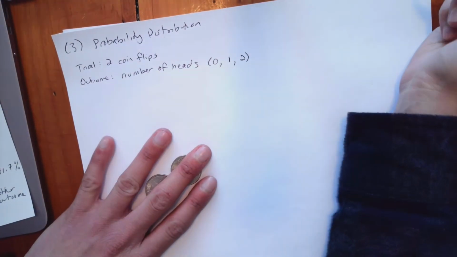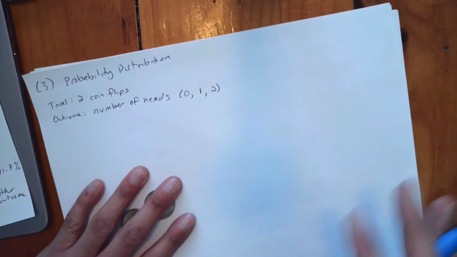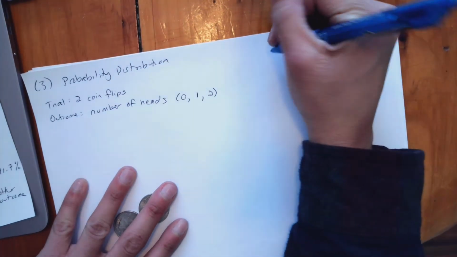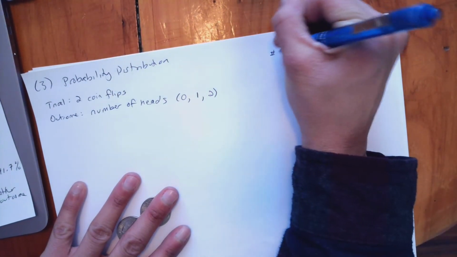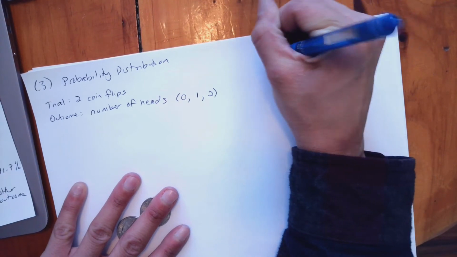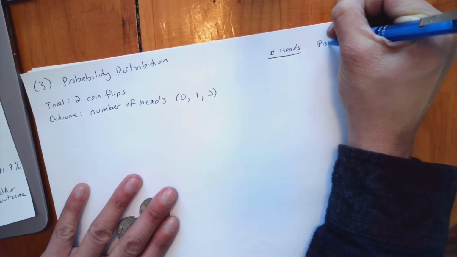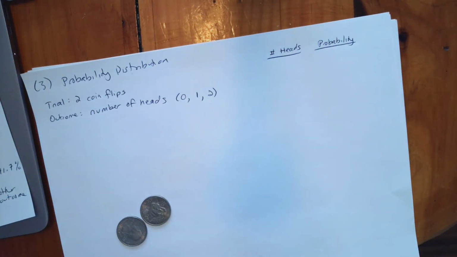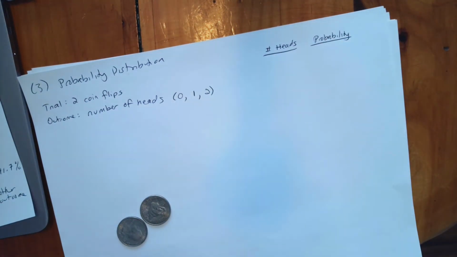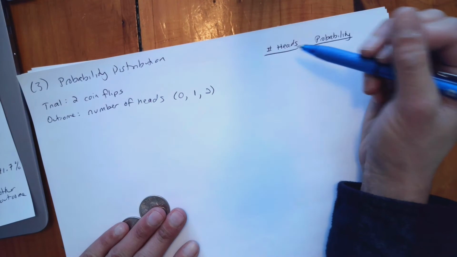So I'm going to write out the table for our probability distribution right here. And then we're going to fill it in by calculating the probabilities. So the first thing that we have here would be a column for the number of heads.